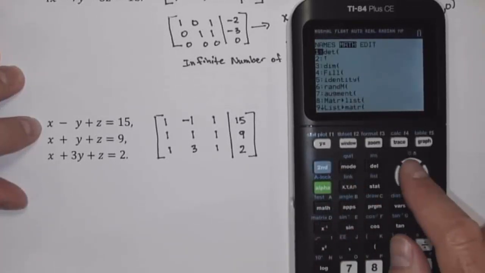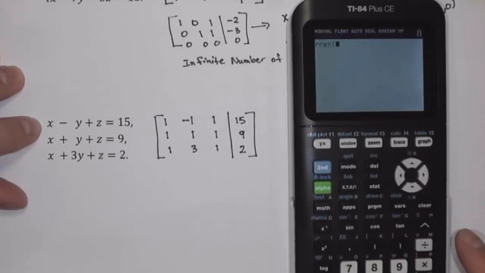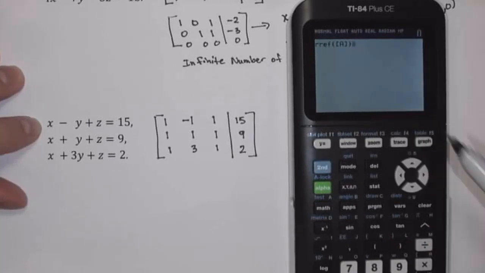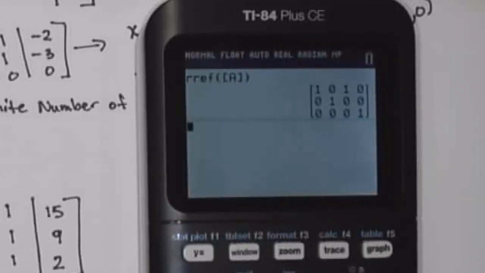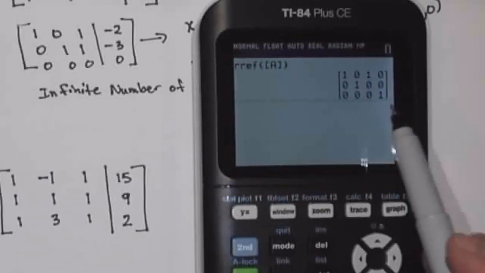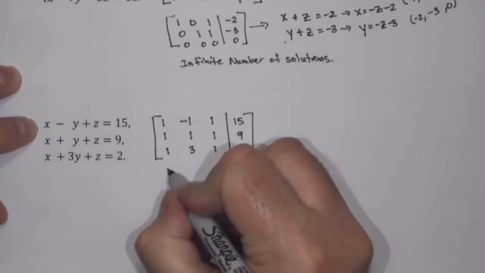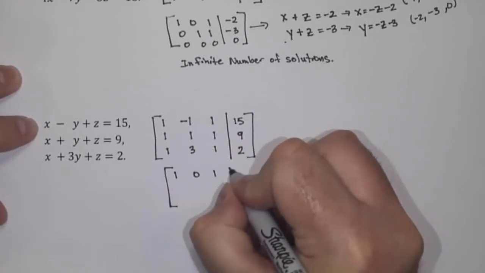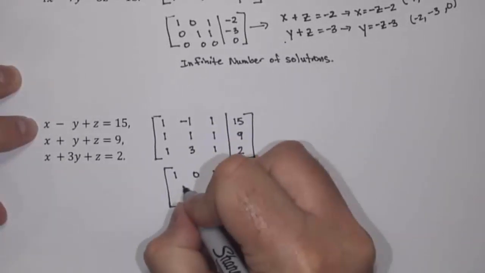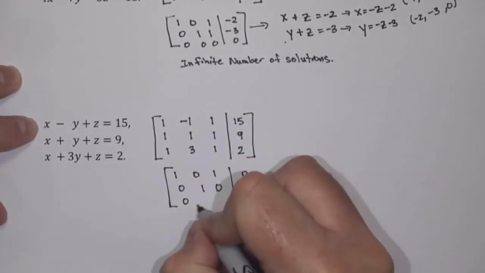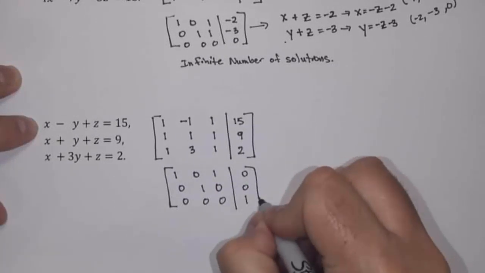This time I want to do math, reduced row echelon form, and matrix A. When I do, I get this result: 1, 0, 1, 0, 0, 1, 0, 0, 0, 0, 0, 1.